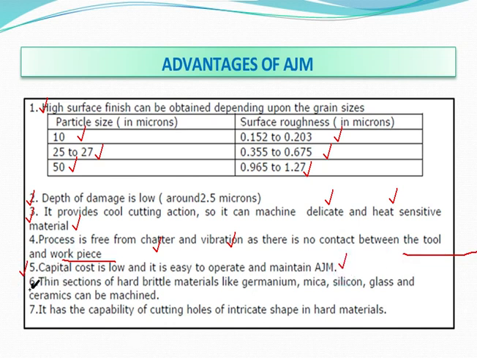Next, thin sections of hard brittle material like germanium, mica, silicon, glass and ceramics can all be obtained by this machining. And lastly, it has the capability of cutting holes of intricate shape in hard material. So you should not forget that it can generate a cutting hole of intricate shape in hard materials too.